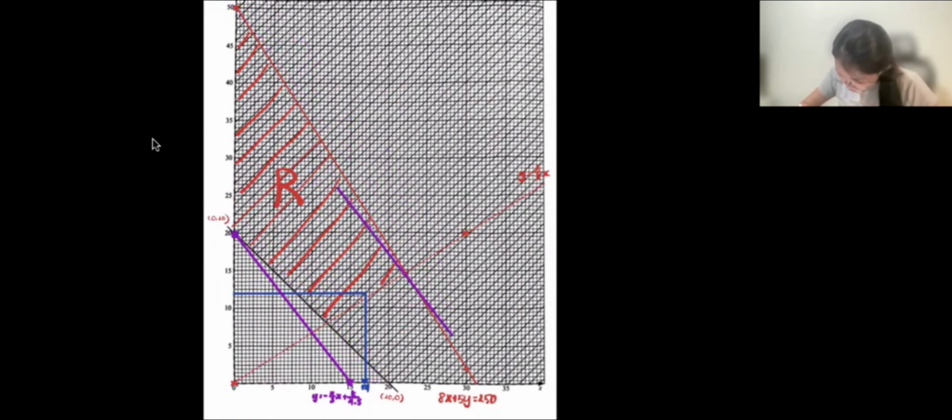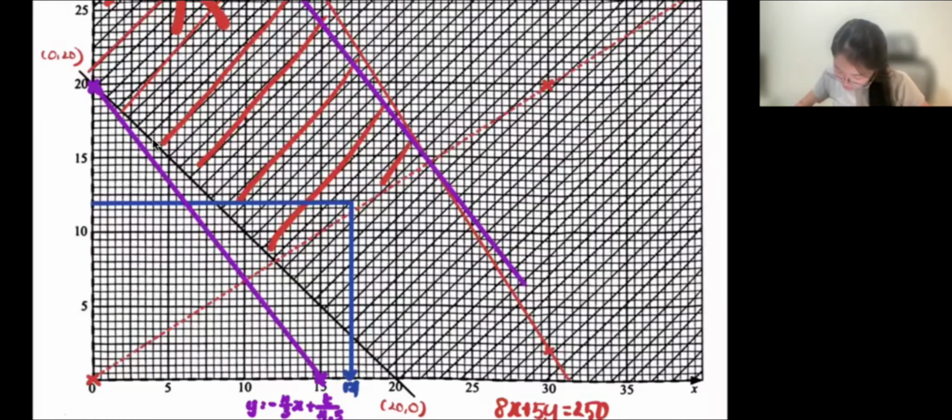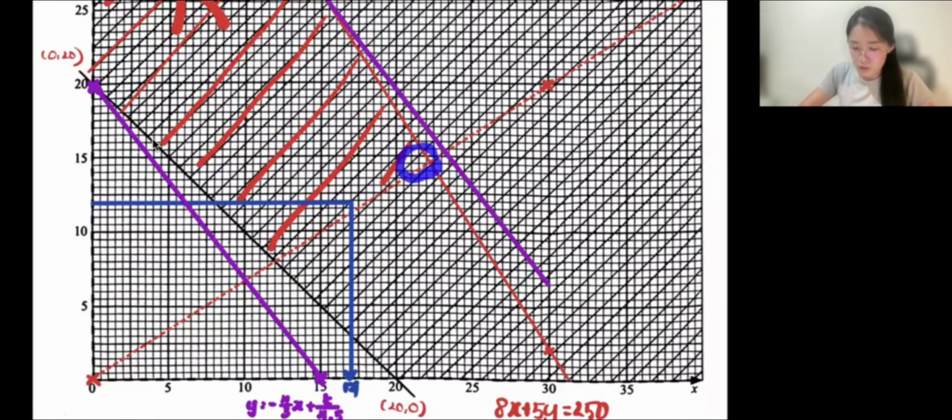So if here, this one is 20 something on X, and then about 14? No, because it doesn't include. So it's somewhere over here, basically. Your point is somewhere over here in the middle.